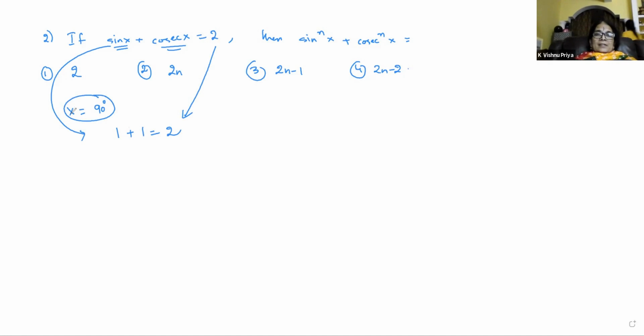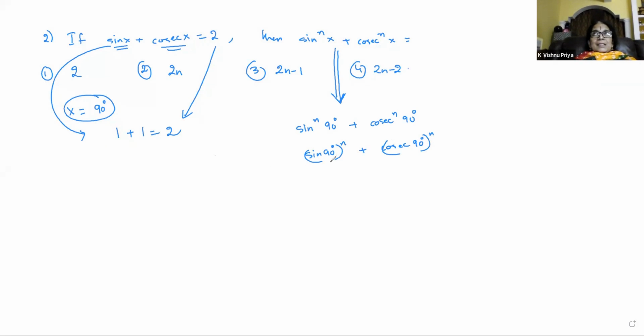We have verified it. That is why, in what they are asking for, we can put x as 90 degrees. So sine power n 90 degrees plus cosecant power n 90 degrees. This is nothing but sine 90 degrees power n, and this is nothing but cosecant 90 degrees power n.